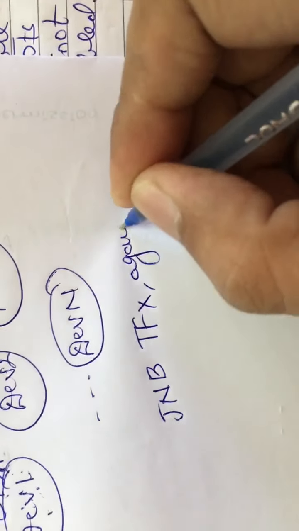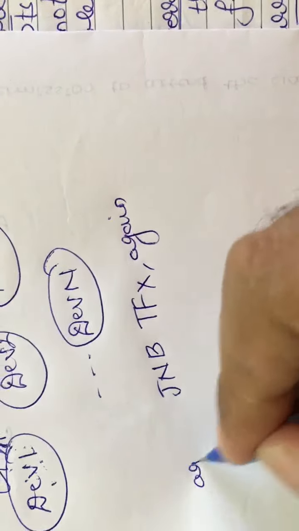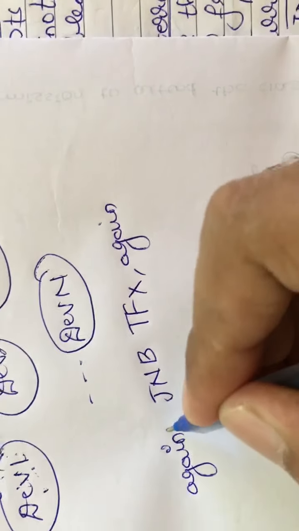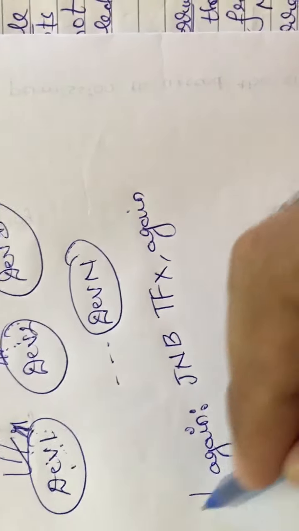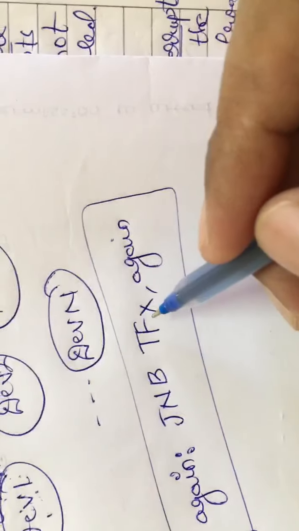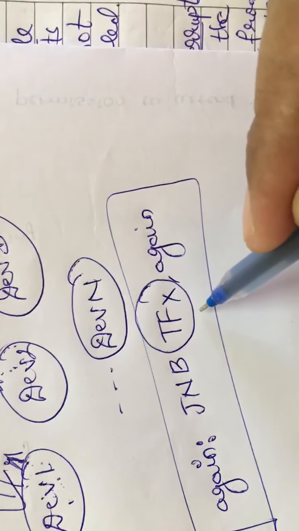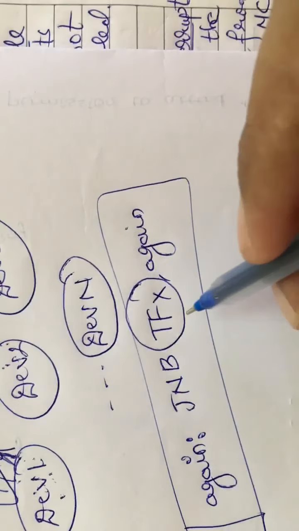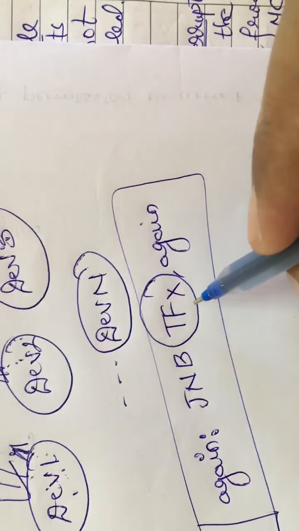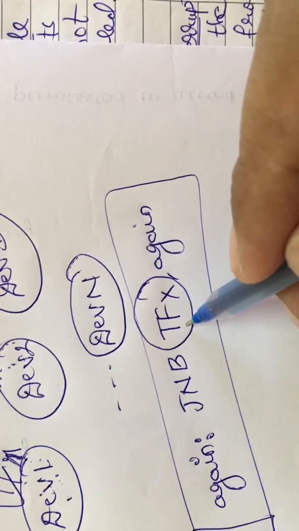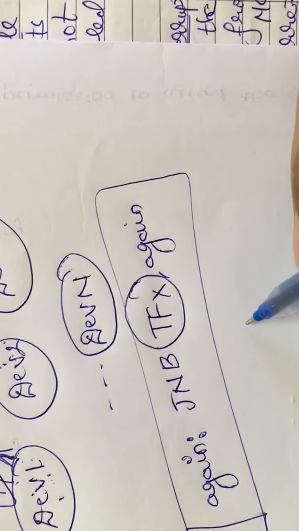We have used this instruction, am I right? What does this instruction tell? We are observing only the value of TFX, whether it becomes equal to 1 or not. Until it becomes 1, it stays in that loop, and then it comes out of that particular loop.